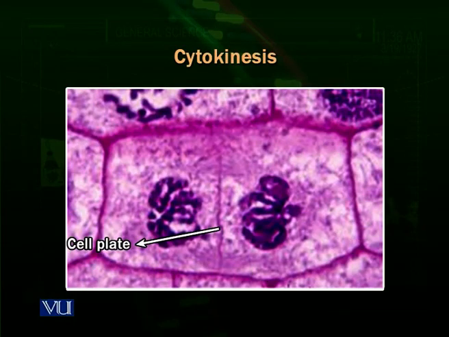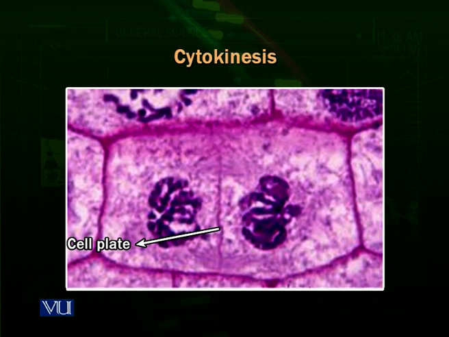In the plant cells, as you can see in the diagram above, in the center of the cell, a plate or a line is formed. This plate is formed of some materials which are produced by the Golgi bodies of the cell. These materials start collecting in the center when the nuclear division is complete, and then this cell plate starts growing towards the sides of the cell, and ultimately it joins with the cell membrane and divides the cell into two.